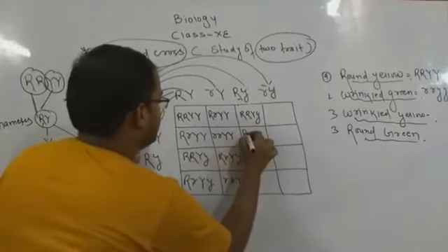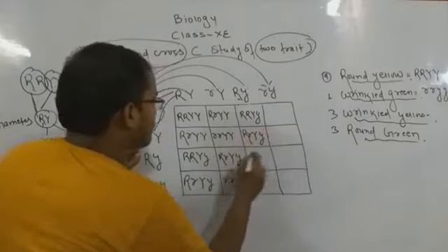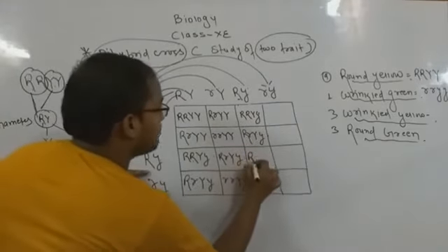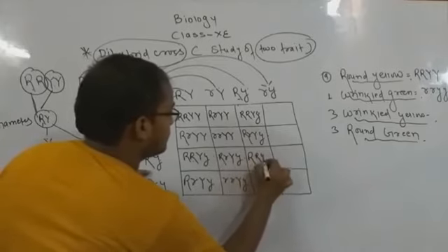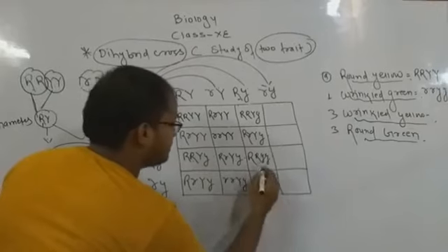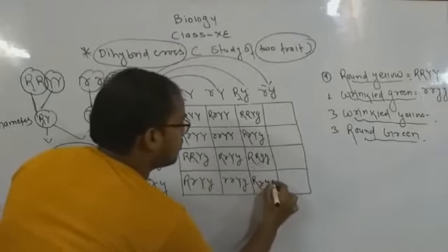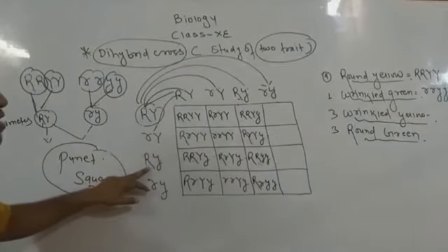Second, most important is that all the gametes generally appear as, same here, r, small y and small y. So this is the most important point you have to focus on.